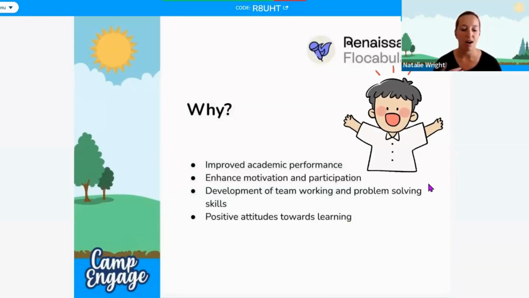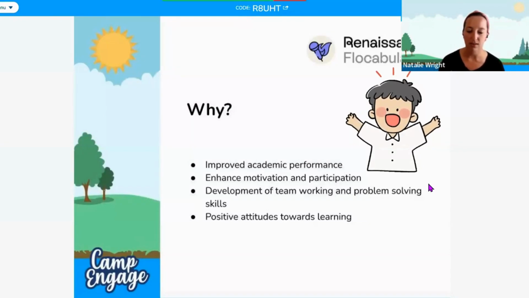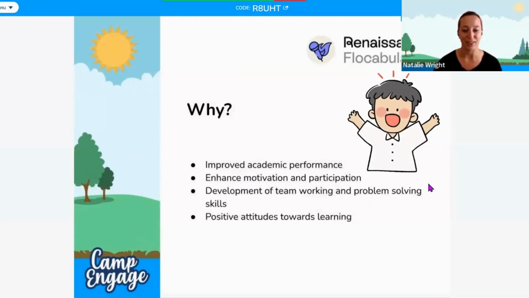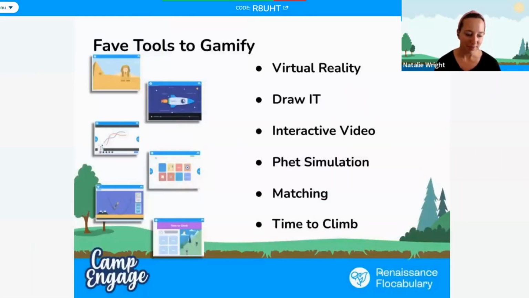They're focusing on the work that needs to be done. They want to do the best on the work that you're asking them to do, as well as skills of teamwork and problem solving skills, all those things that come just with playing games. And it's fun. Students are going to have a positive attitude towards learning. Even if it's hard, they're going to want to try their best and always have a good time.